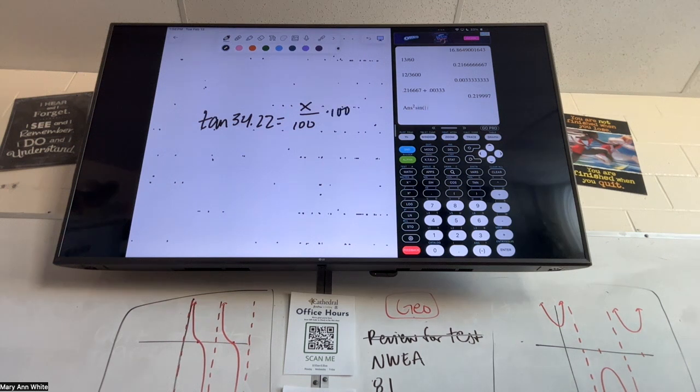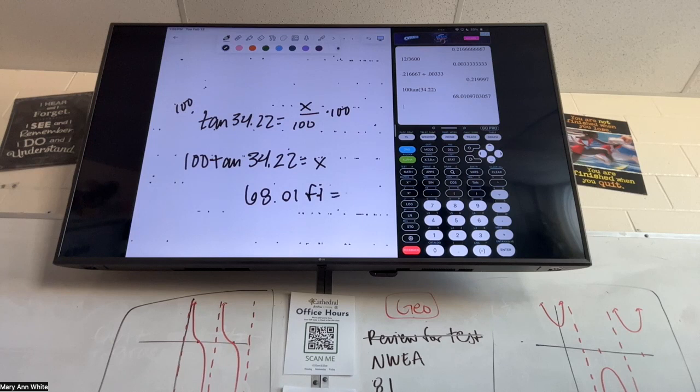Multiply by 100 on both sides. And I get 68.01. And that's in feet.